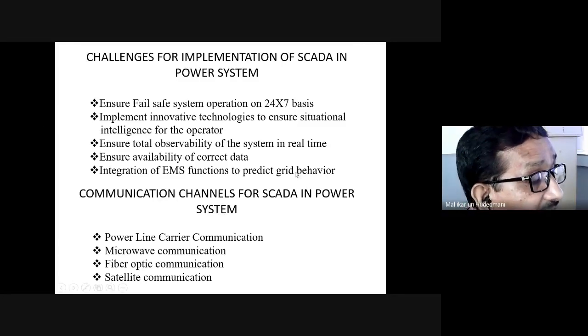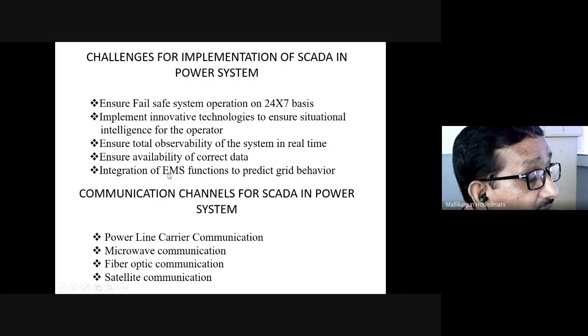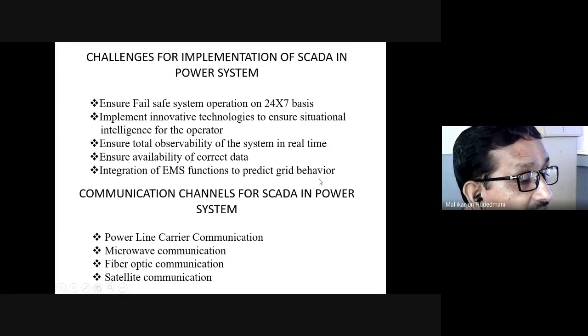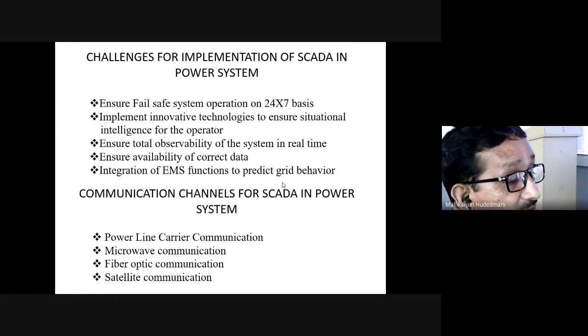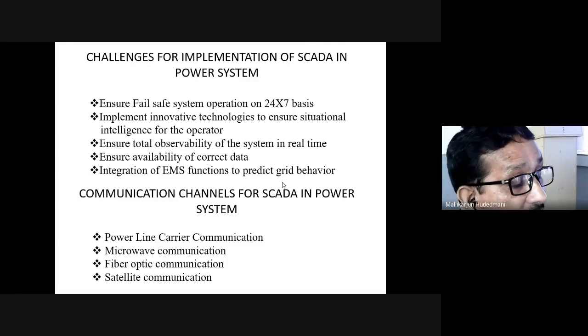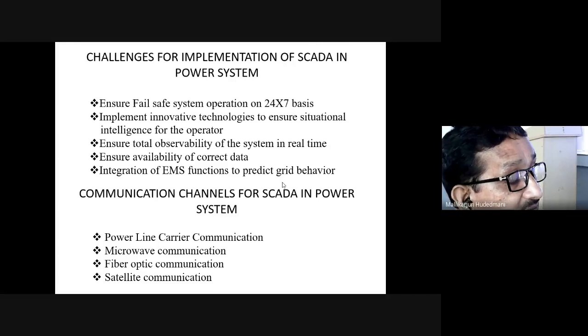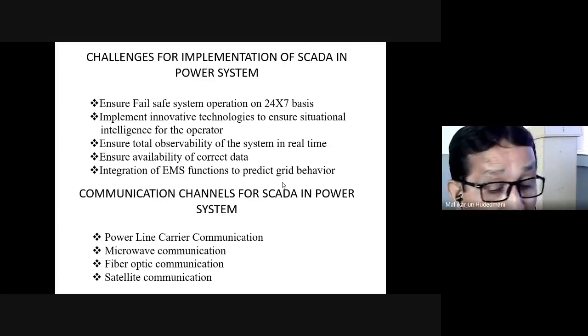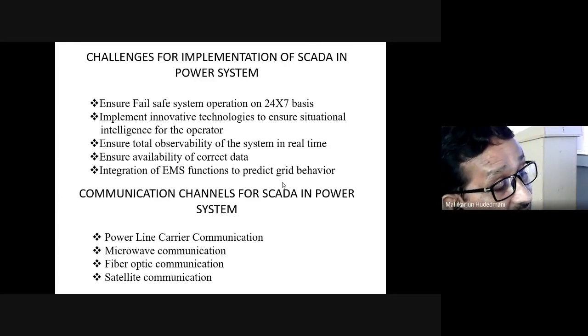Then, integration of energy management system functions to predict grid behavior. This is a wonderful utility, the prediction of upcoming behavior of the grid, the transmission mechanism set up with the generation and loads, how it is going to behave soon after a certain function is enabled, a certain control is exercised, a certain change in load is noticed, what would be the behavioral aspect, and so what would be the counteraction.